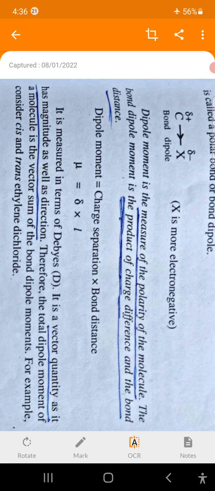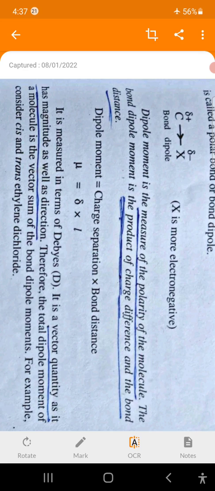Dipole moment is the measure of polarity of the molecule, and it is calculated by the formula dipole moment mu is equal to delta into L. What is delta? Extent of charge separation. L is nothing but bond length, bond distance.